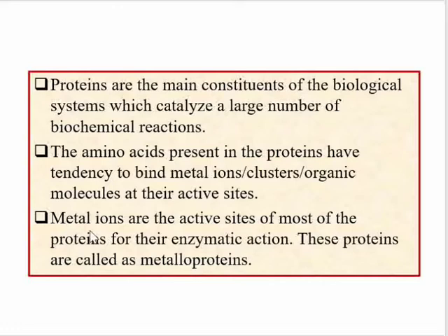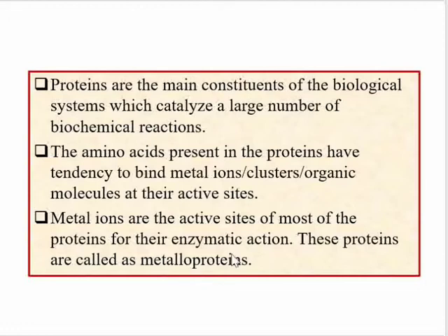And generally, metal ions are the active sites of most of the proteins that are used for their enzymatic actions. So, in various enzymes or various metalloproteins, metal ions are the active sites. So, we are taking the examples of the proteins that contain metal ions as their active sites.